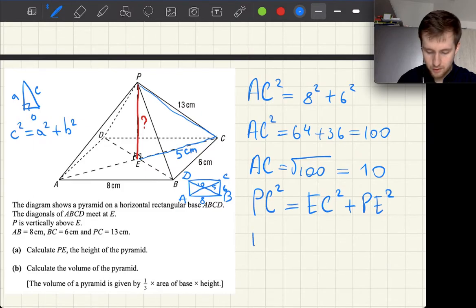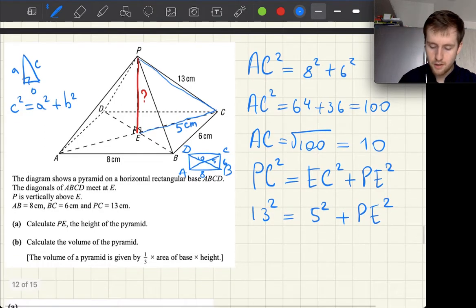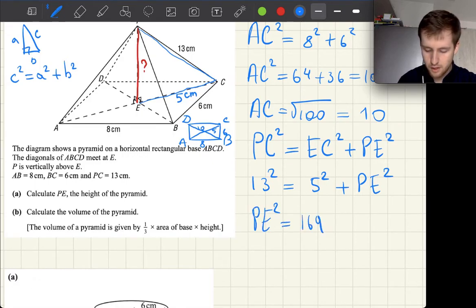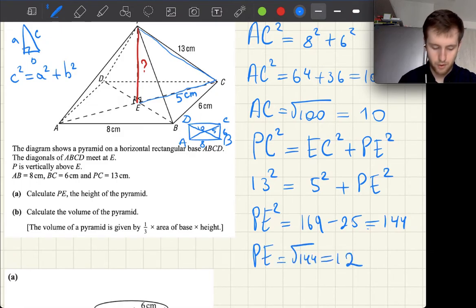So 13 squared equals 5 squared plus PE squared, which we have to find. So PE squared equals 169 minus 25 equals 144. Then the square root of 144 equals 12.